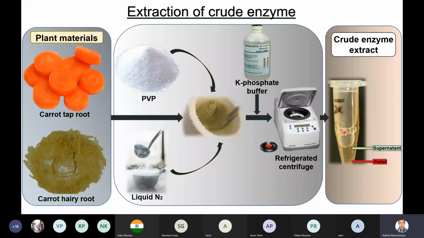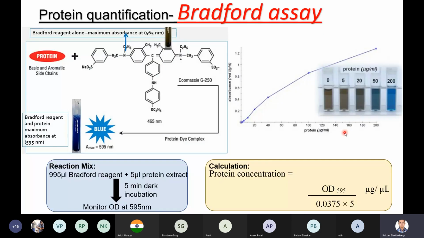Now the assay. I am not going into the detailed chemistry; there is no reason to go into that much chemistry at this moment. In a simple way, all these enzymes are actually protein in nature.